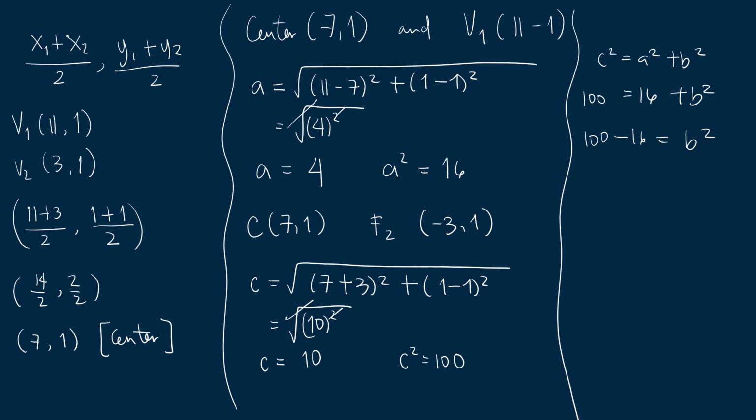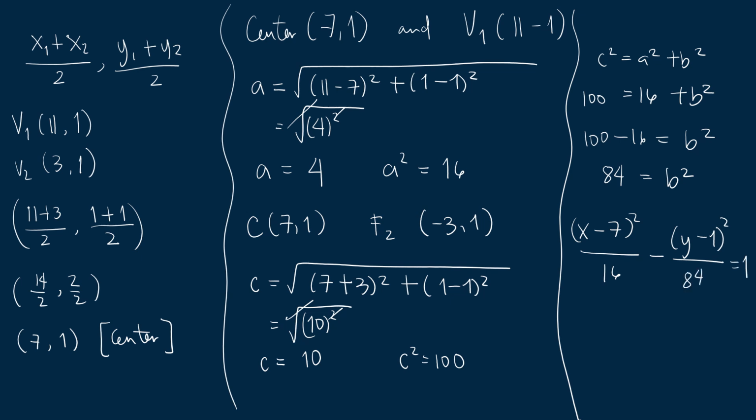So 100 minus 16 is 84, which is equal to b squared. And then we can now write our standard equation: x minus 7 squared over a squared, which is 16, minus y minus 1 squared over 84 is equal to 1.